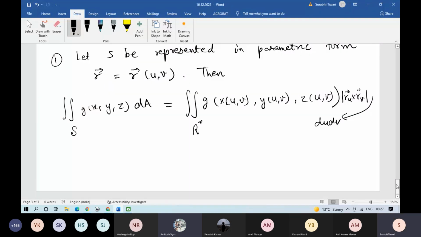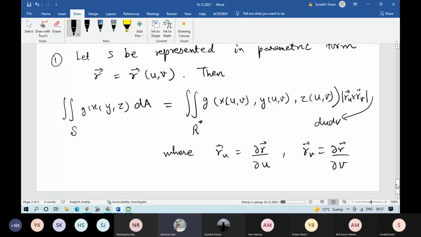Now what is this Ru, Rv, where Ru is equal to del R upon del u, Rv is equal to del R upon del v. तो अगर हम इसका क्रॉस प्रोडक्ट लेके इसका डिटर्मिनेंट निकाल रहे हैं तो क्या आएगा ये?